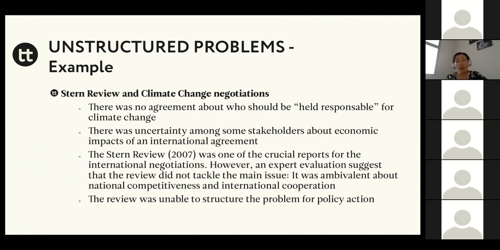As we know, there is some doubt posed on the technical parts of climate change. So not all actors are on the same page regarding the scope and the extent of the problem with climate change. So that leaves us with uncertainty of knowledge around some of the actors that work on the issue.